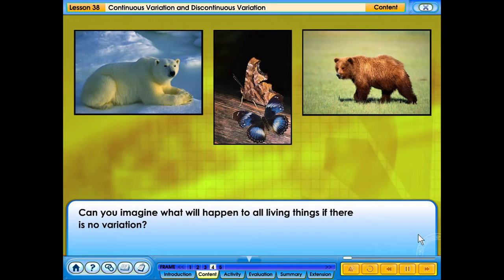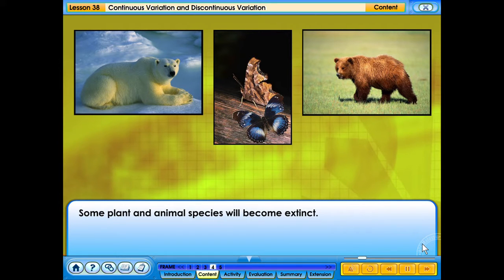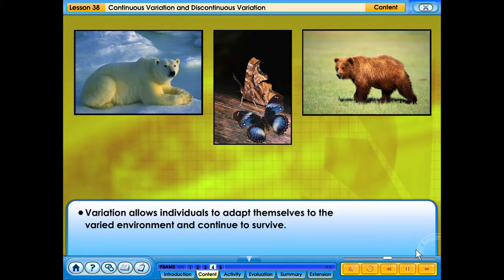Can you imagine what will happen to all living things if there is no variation? Some plant and animal species will become extinct. The importance of variations are: variation allows individuals to adapt themselves to the varied environment and continue to survive.